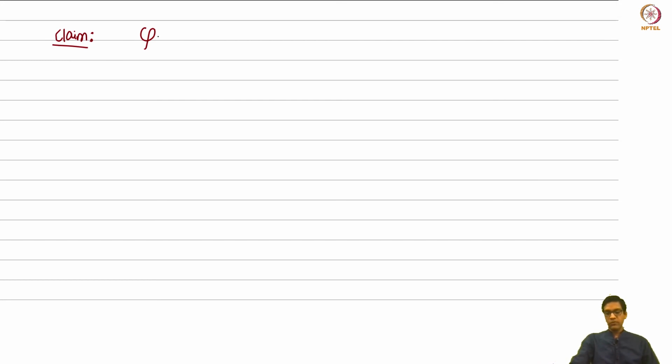Here's what I'm going to prove: if I compose phi with itself k times to get the identity, then this can't happen if k is smaller than n. So this can't be the identity if k is any number that's smaller than n, k times.